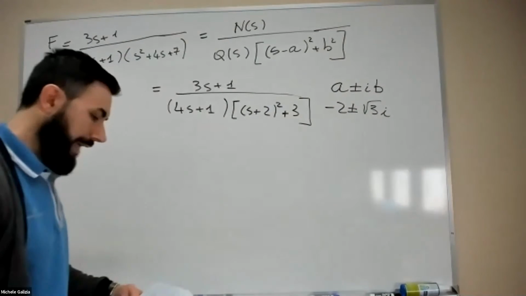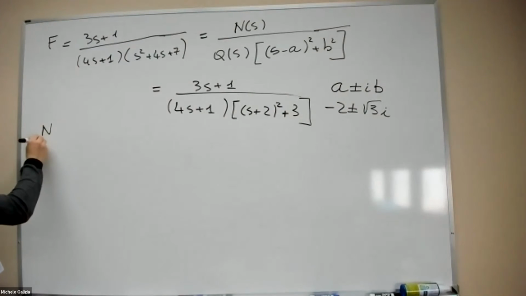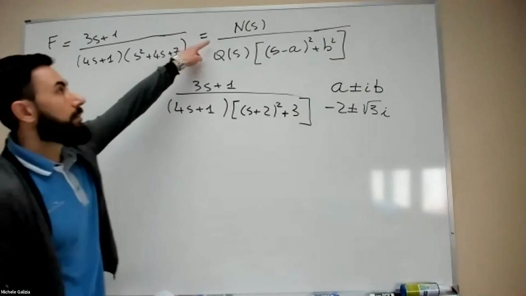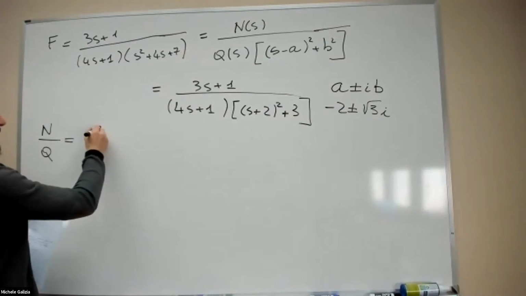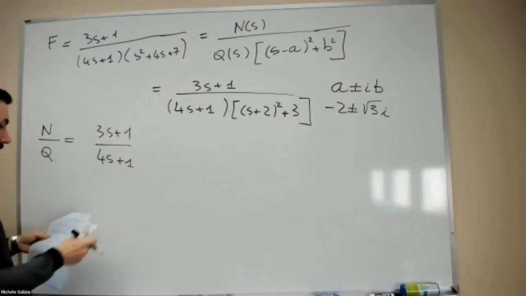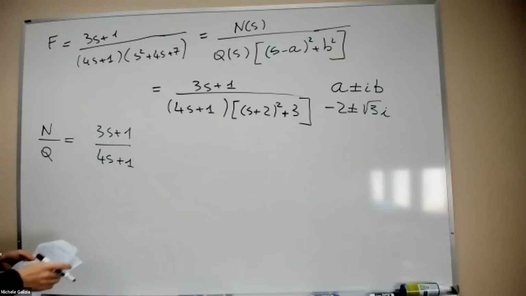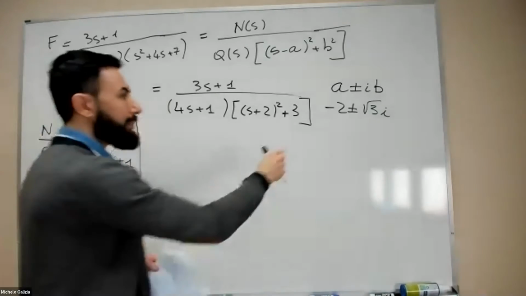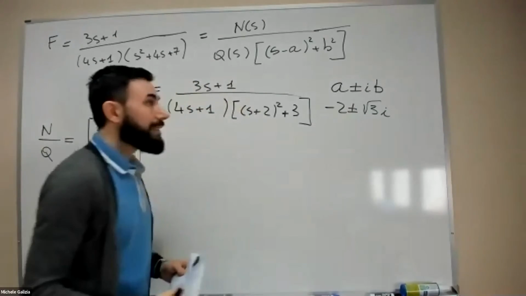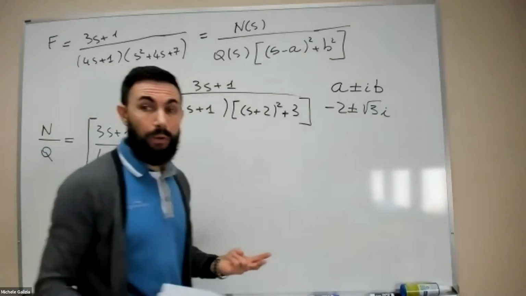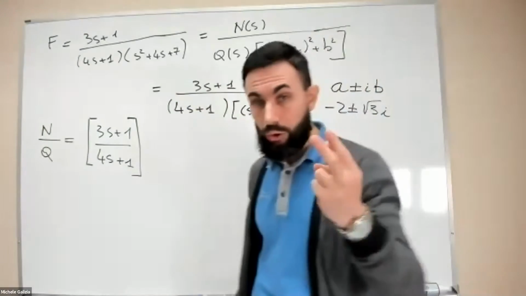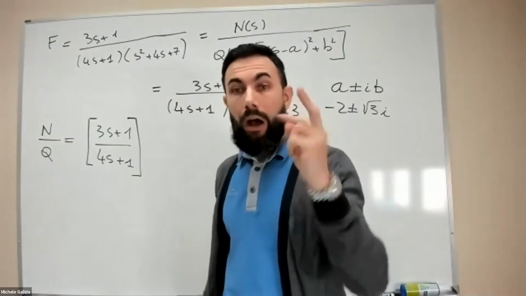Okay, so n over q. Can you please, guys, tell me who is n over q? That's 3s plus 1 over 4s plus 1. That's right. And basically, we have to calculate this in correspondence of the pole. Now you say, yes, but the poles are 2, because, you know, complex solutions come always in couple.